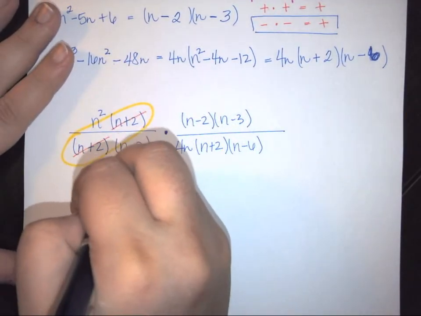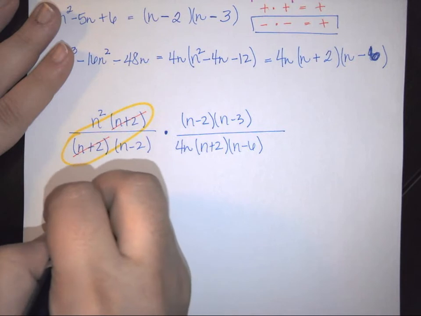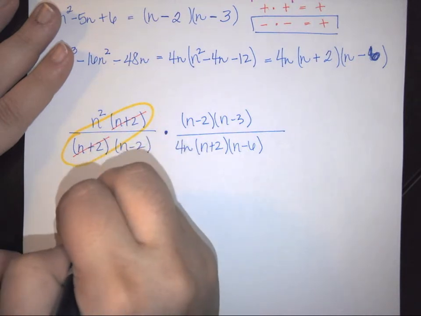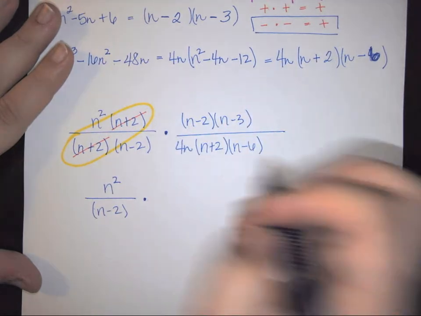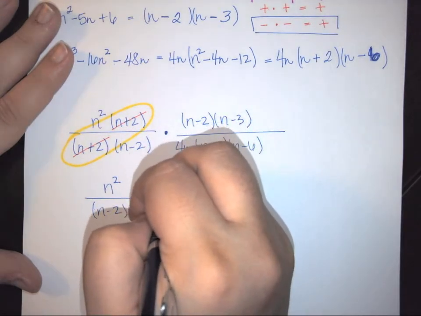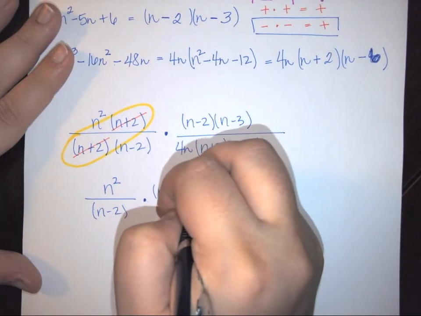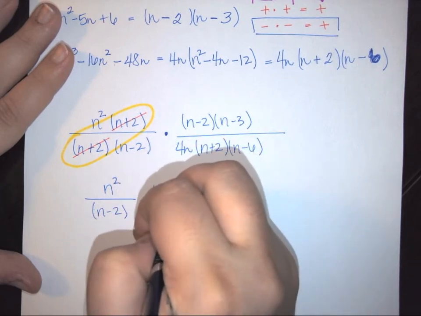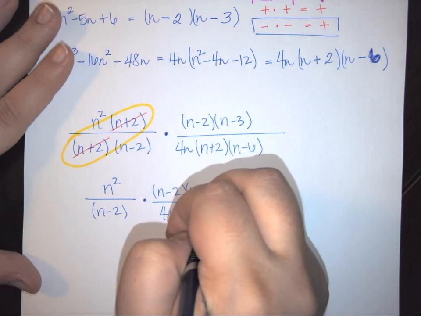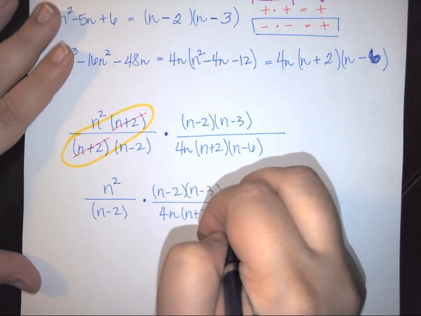I have an n squared on top over the n minus 2, times my other fraction. So this is going to be n minus 2 times n minus 3, all over 4n times n plus 2 times n minus 6.